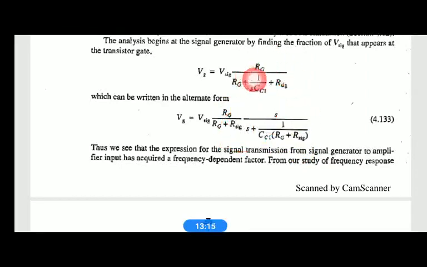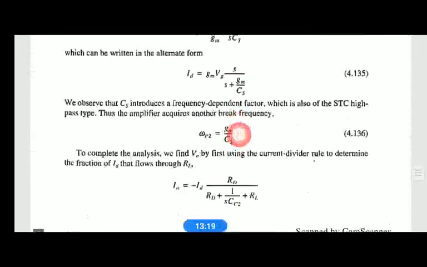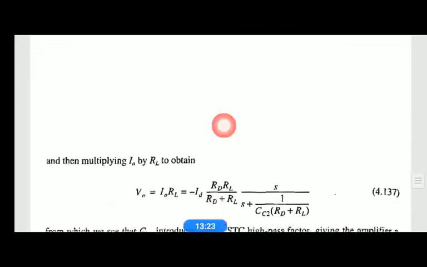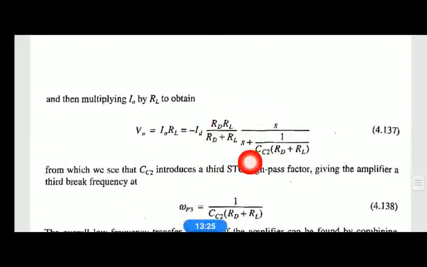The same way you derive from this to this, if you derive from this to this here, you will get RD into RL divided by RD plus RL, into S divided by S plus 1 divided by CC2 into RD plus RL.